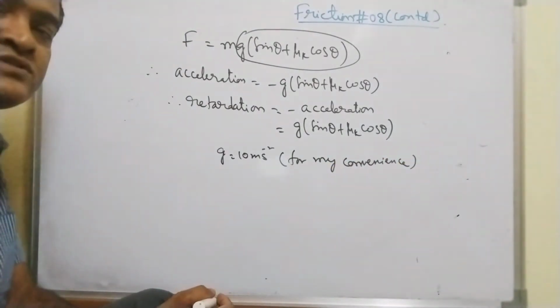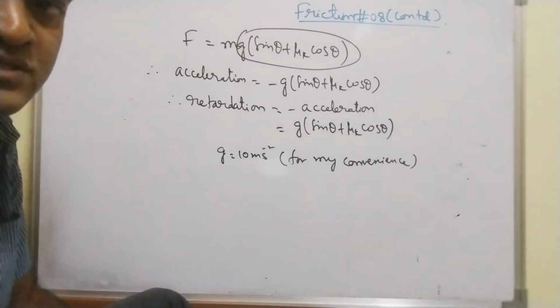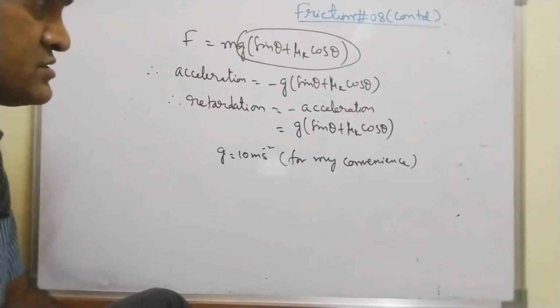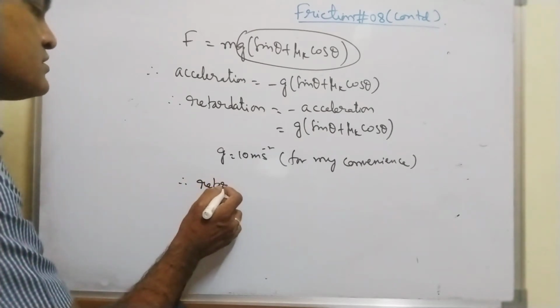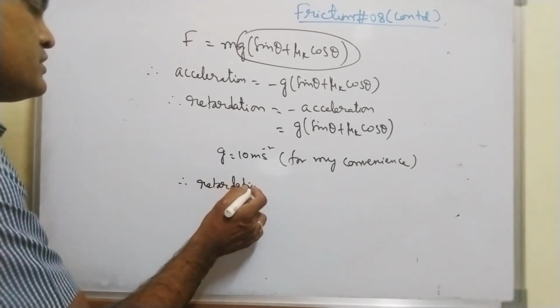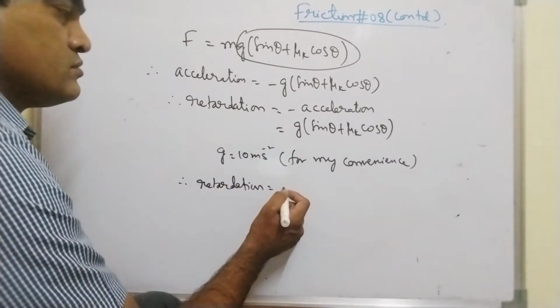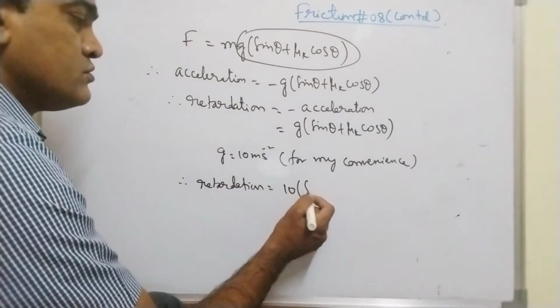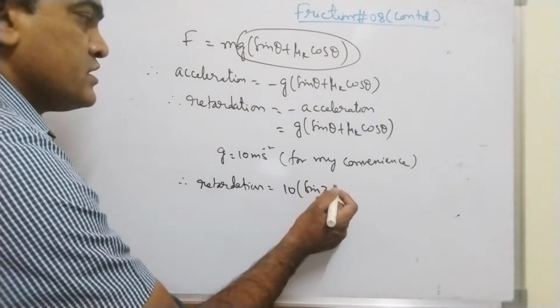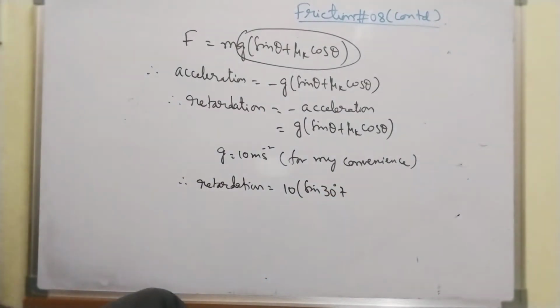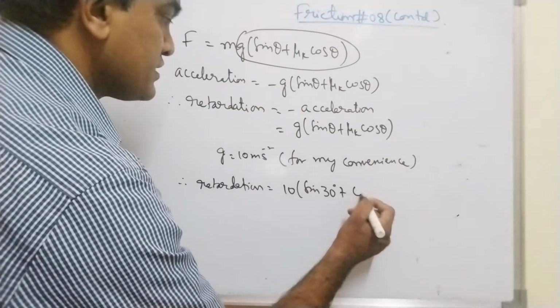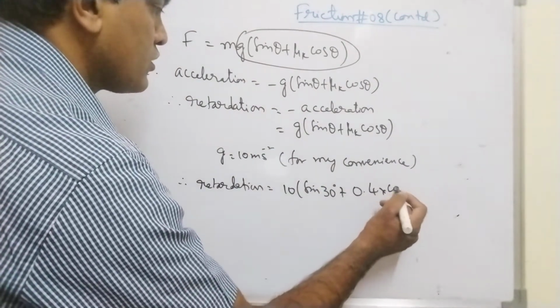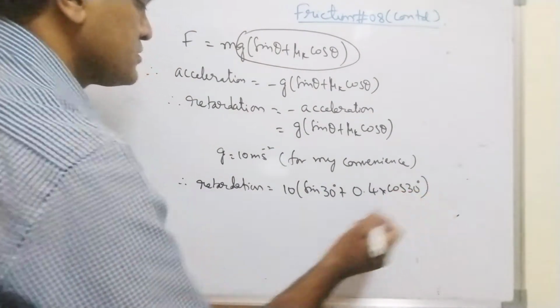If it is not mentioned, then you have to take the g value as 9.8 meter per second square. So I can write retardation is equal to g, 10, into sin 30 degrees plus mu, which is given as 0.4, into cos 30 degrees.